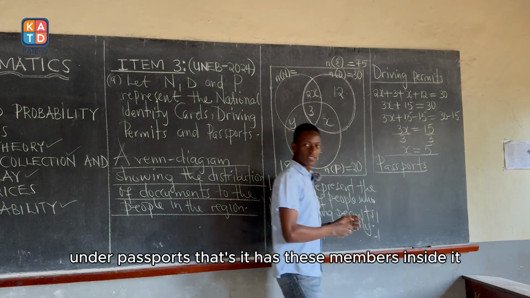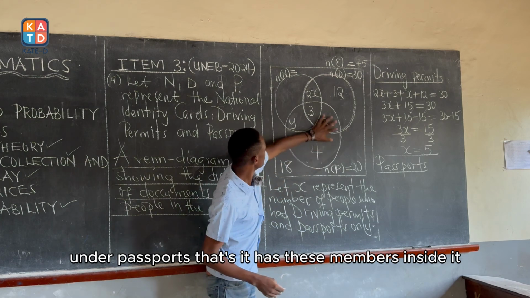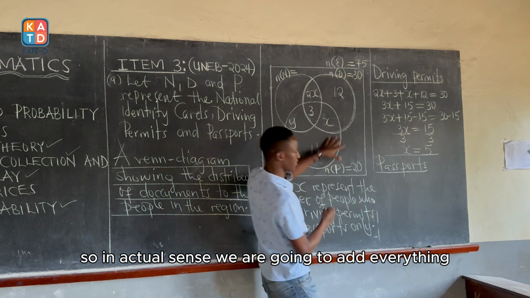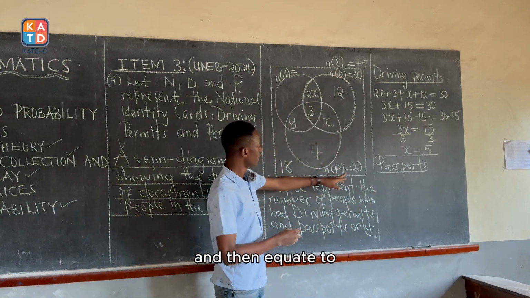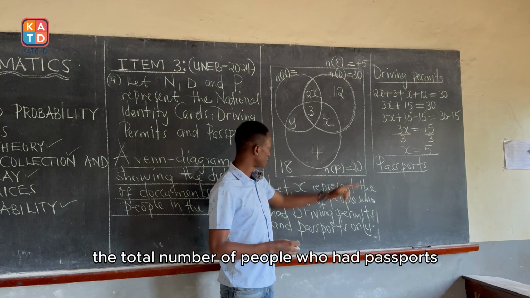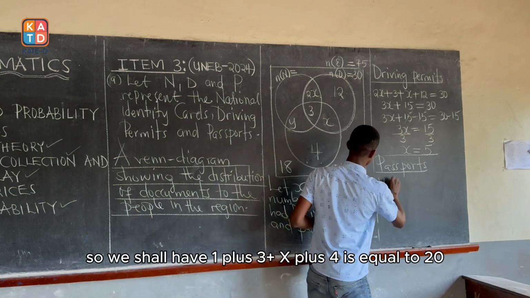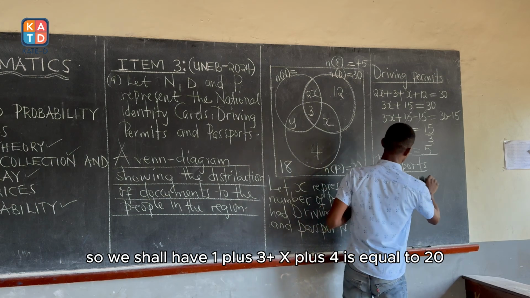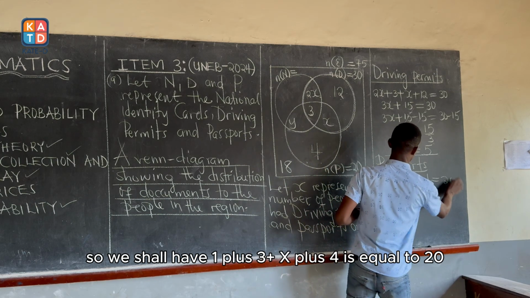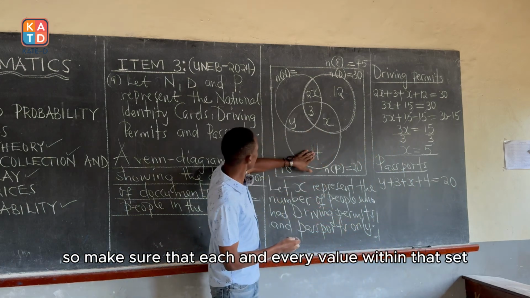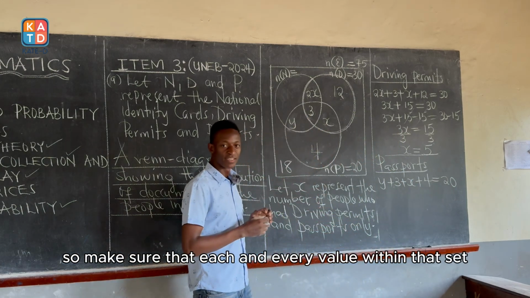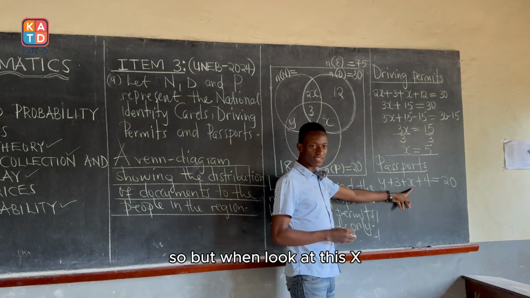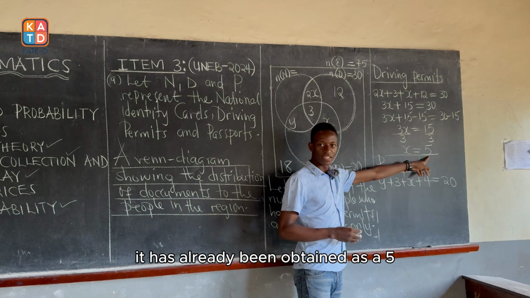Under passports, that set has these members inside it. So in actual sense, we are going to add everything and then equate to the total number of people who had passports. So we shall have y plus 3 plus x plus 4 is equal to 20. We make sure that each and every value within that set contributes to the total of the set. But when you look at this x, it has already been obtained as 5.